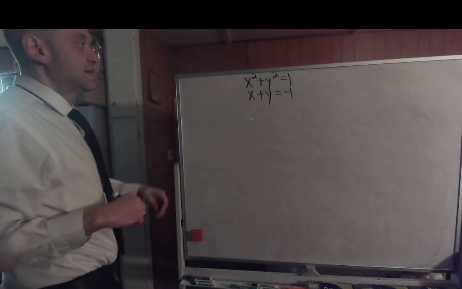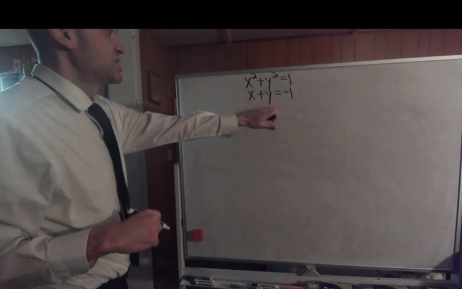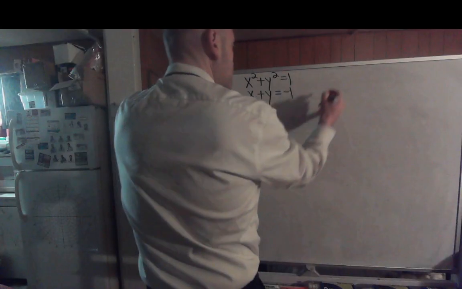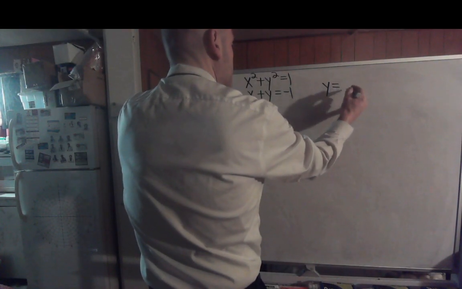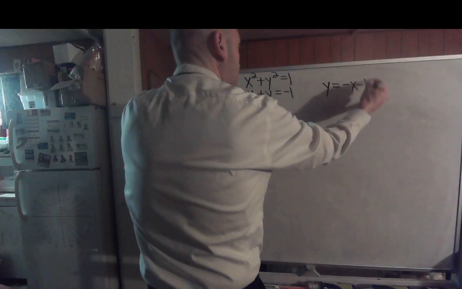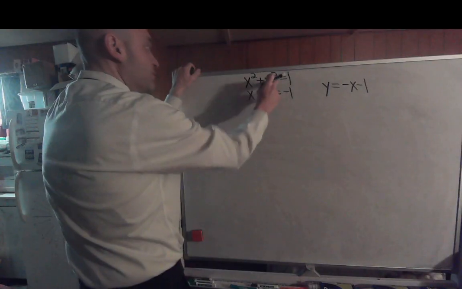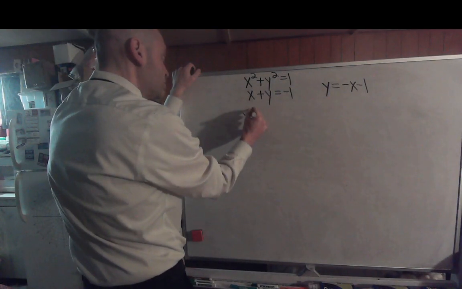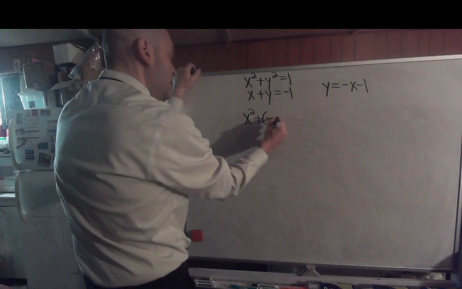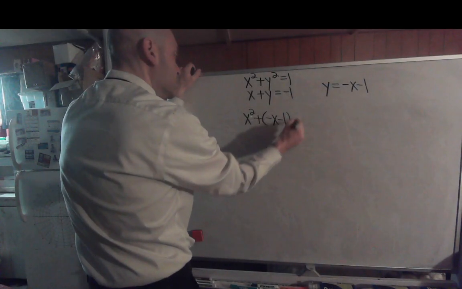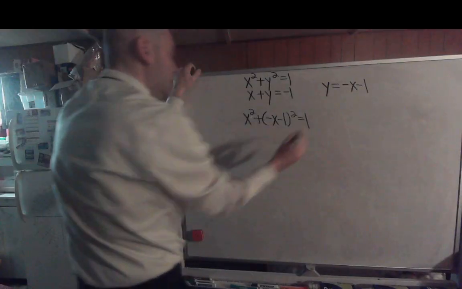In this case, I think we'll still substitute for y. So we could make y equal to -x minus 1. Now substitute that into your first equation. You'll have x squared plus (-x minus 1) squared equal to 1.